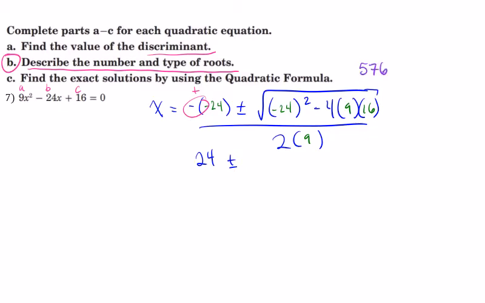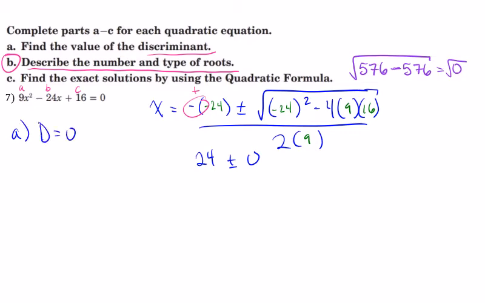Then negative 4 times 9 is negative 36, and 36 times 16 is also 576, so we get minus 576 here. When we simplify that on the inside, 576 minus 576 is 0, and the square root of 0 is 0. So here the discriminant is equal to 0. For part A, the discriminant is equal to 0.